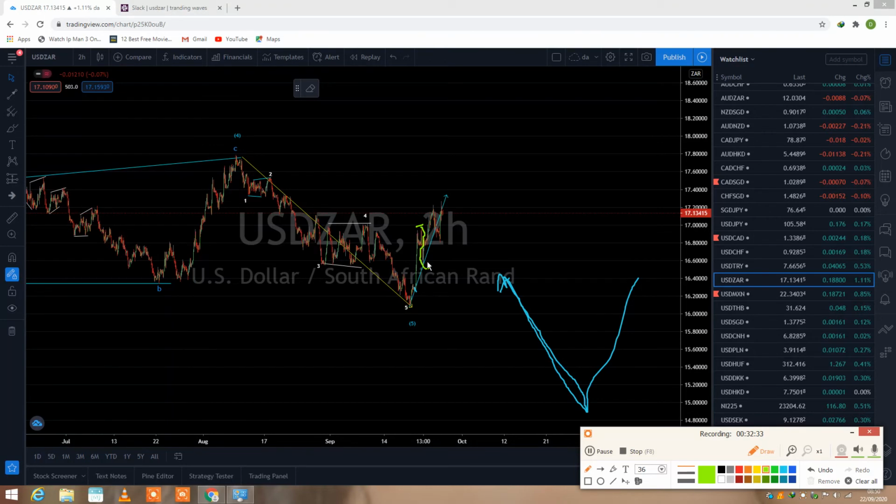So it also went up with this move, and it also came back with that. Sorry, there's something wrong with my mouse pad here. I don't know why it gives me this error.